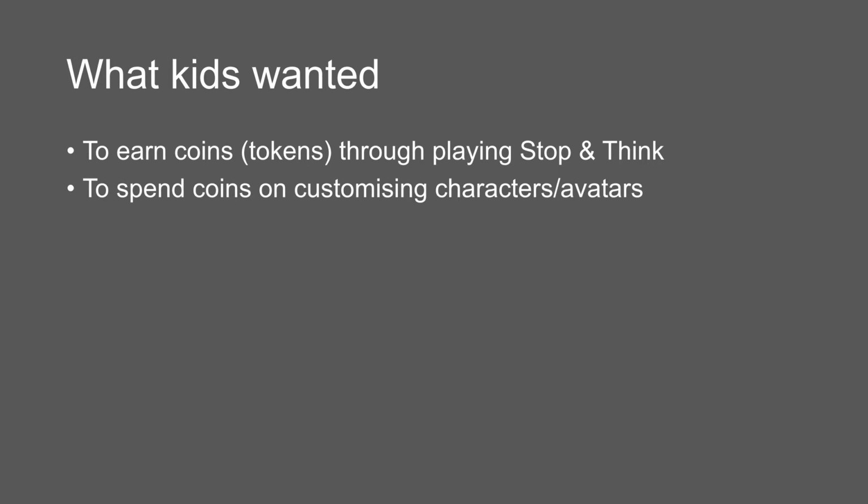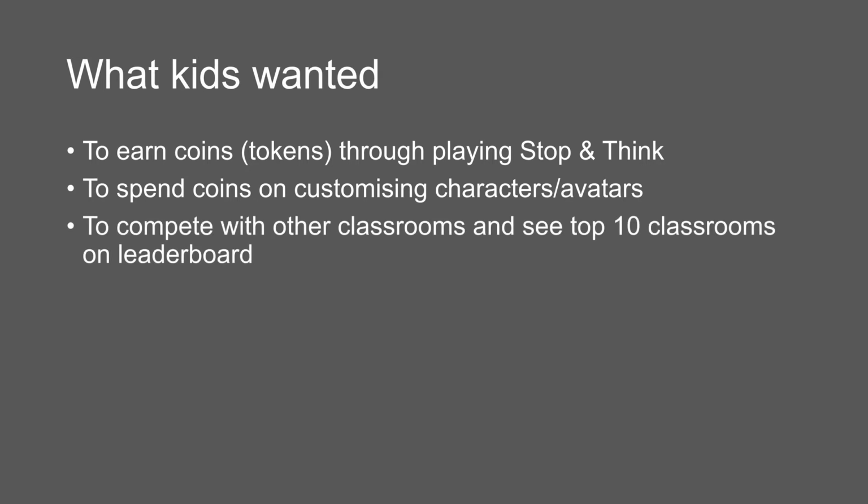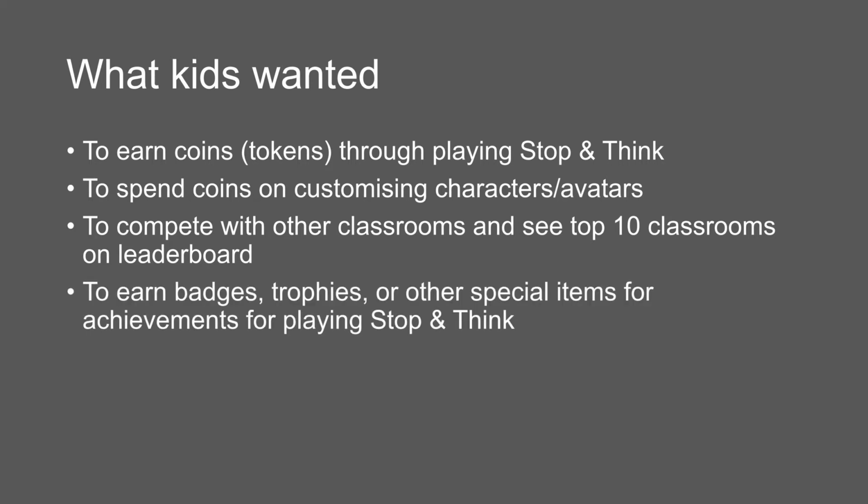They wanted to be able to spend these coins on customizing characters or avatars. They wanted to compete with other classrooms and be able to see the top 10 classrooms on the leaderboard. They wanted to earn badges or trophies or other kinds of special items for achievements for playing Stop and Think.